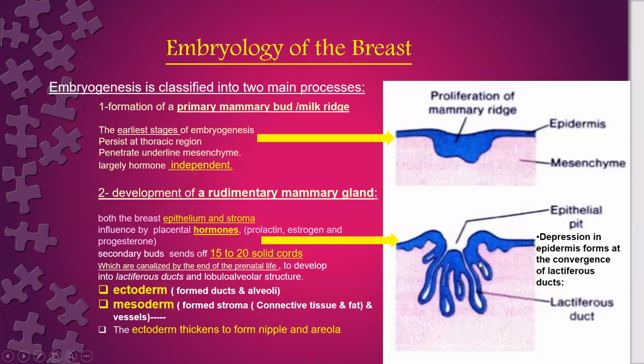So the ectodermal thickening sends front-like bands invaginating into the mesoderm, which later canalize to form the lactiferous ducts.